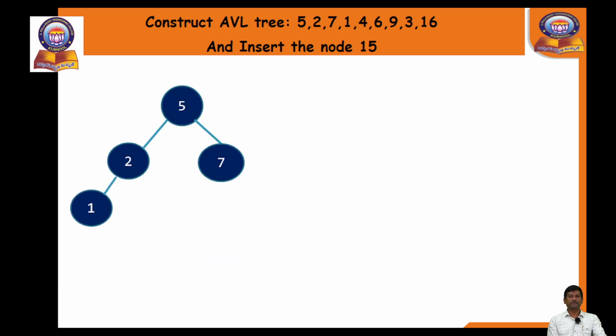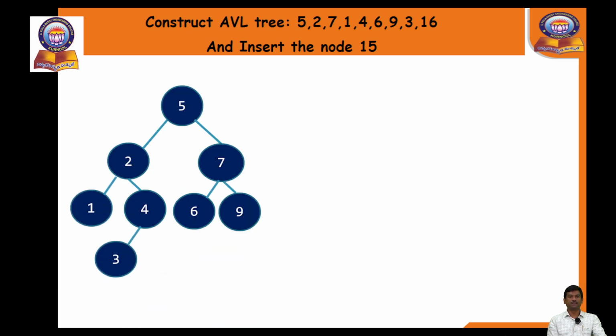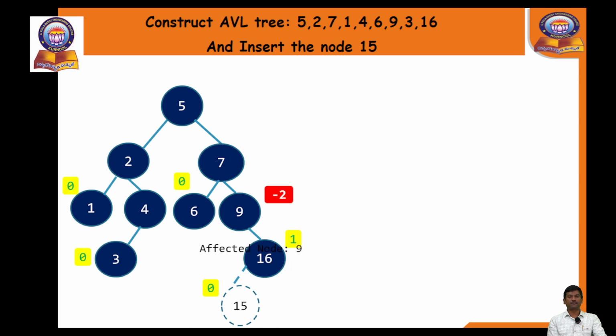In the same fashion, you can also observe, these are the trees after rotations, after inserting the nodes. So far, no deviations. And whenever you insert the node 15, the balance factor of the nodes is affected. So what is the node that is being affected? That is node 9, because the balance factor of node 9 is equal to the height of the left subtree, that is 0, minus 2.